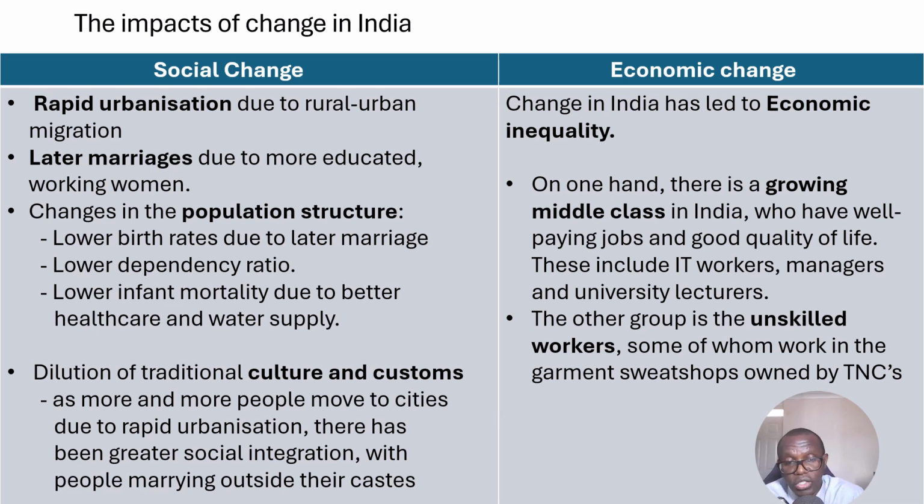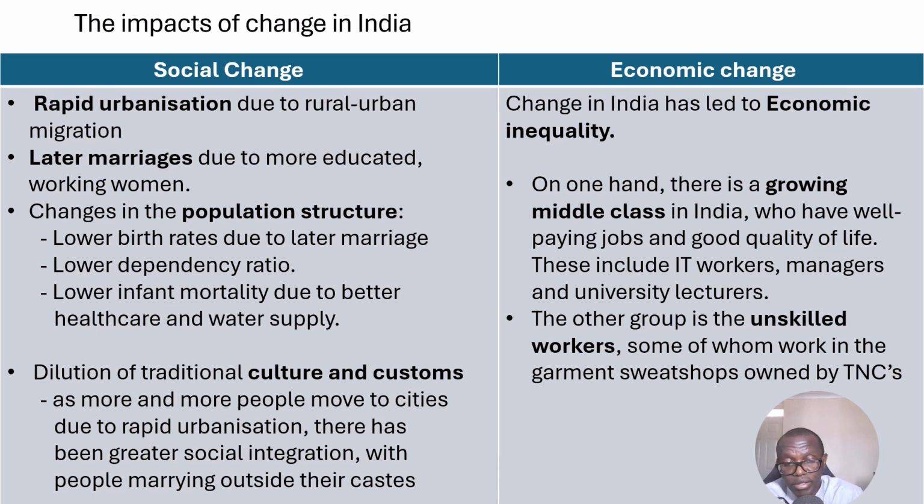Urbanization is an increase in the proportion of people who live in towns and cities compared to those who live in rural areas. Now, the number of people in India living in towns and cities has increased, and this has been due to rural to urban migration as people move from rural areas to try and find better prospects in urban areas.